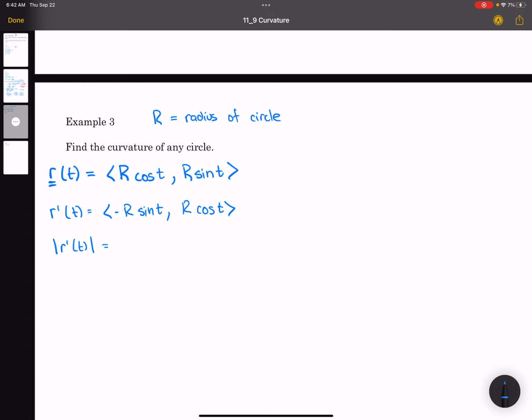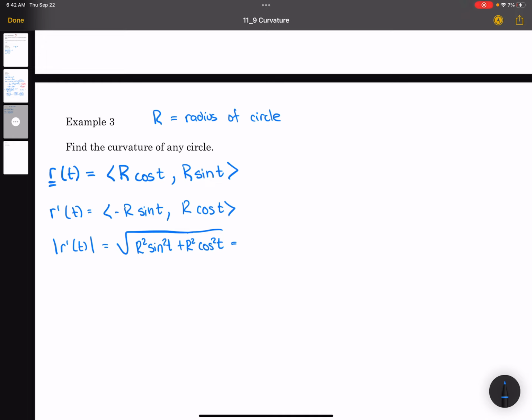is, let's see, the square root of R squared sine squared t plus R squared cosine squared t, which we already know sine squared plus cosine squared is 1.